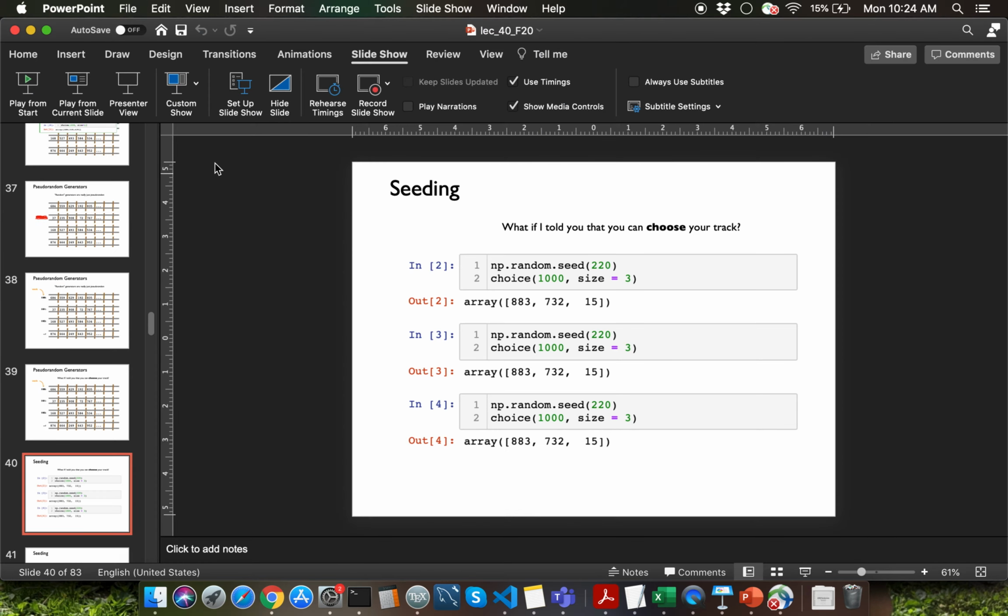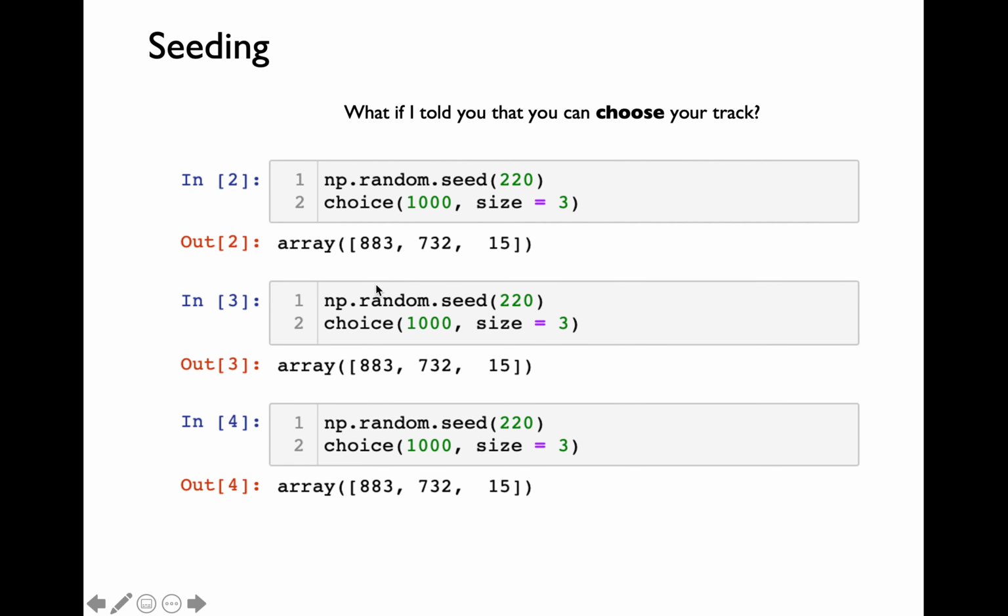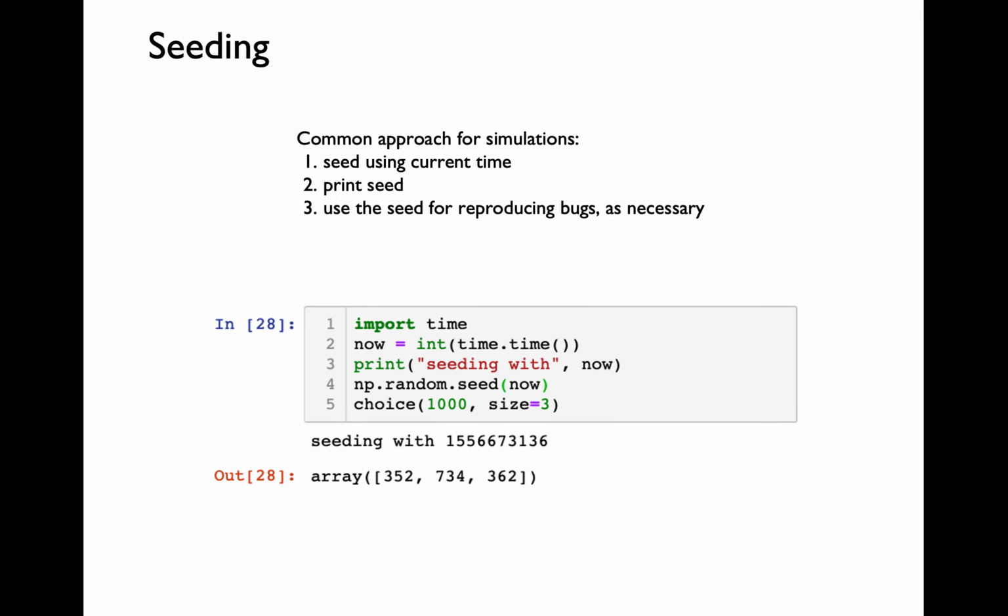You might be wondering, why exactly is seeding useful when it comes to converting a non-deterministic randomness based bug to a deterministic bug? Let me give you an example approach for that. You can use the time module to compute the current time on your laptop by calling the time function. So I'm using the time function inside the time module.